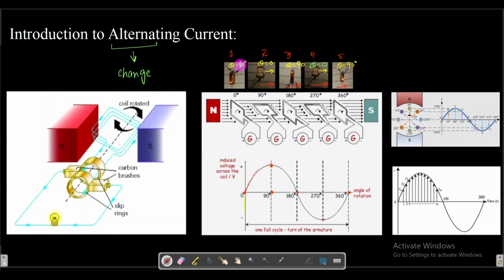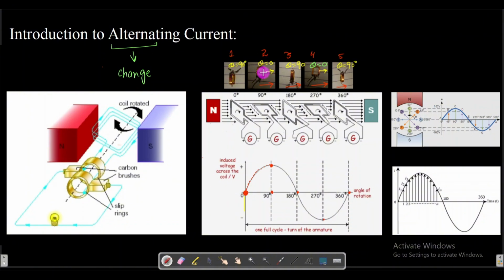So here the angle theta is equal to 90, and magnetic flux is equal to B A cos theta, and cos 90 is equal to 0. So therefore the magnetic flux here is 0. So when the magnetic flux becomes 0, then according to the Faraday law, the change in magnetic flux leads to EMF. So here the magnetic flux is 0, so the EMF also becomes 0, and it gives us this position.